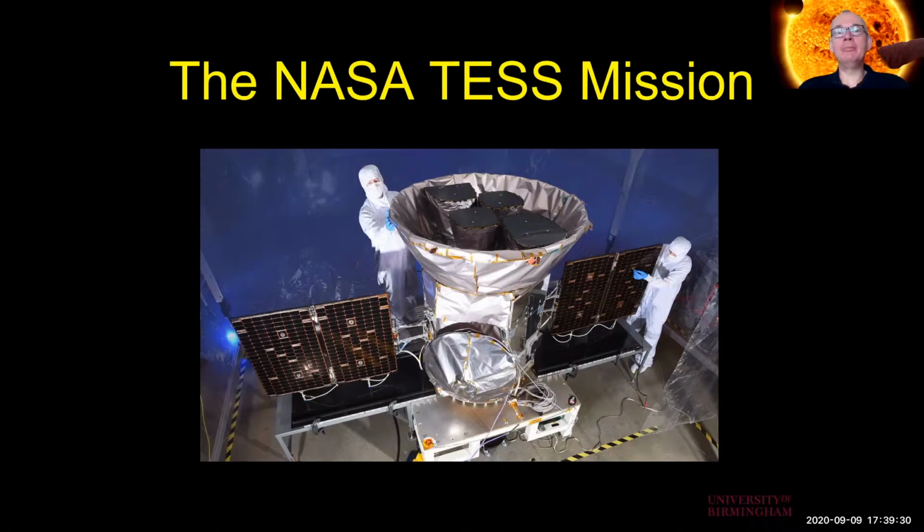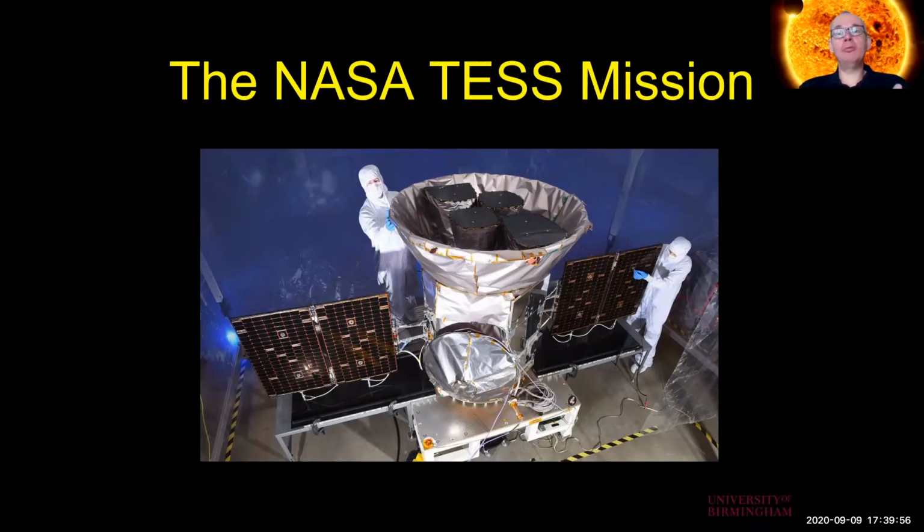TESS is an acronym, the Transiting Exoplanet Survey Satellite. And we got involved from very early on in setting up the TESS Astroseismic Science Consortium, and also again leading those parts of the consortium involving many scientists studying sun-like stars, and also the planet hosting stars.